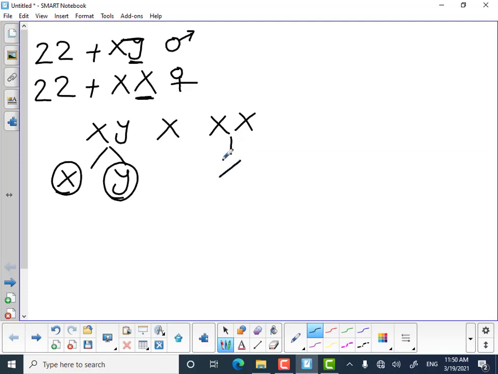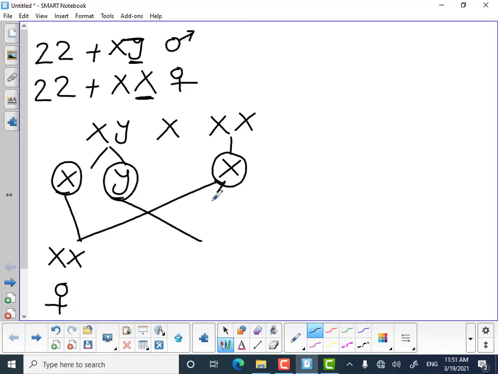Only one probability we have, only X. For that, the gametes will be mating with each other, X from the female and X from the male, and the baby will be female due to the crossing of X with X.